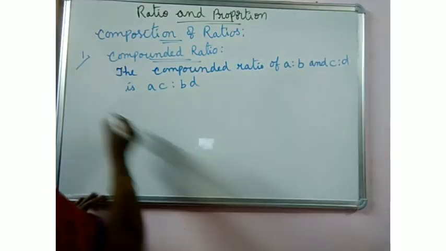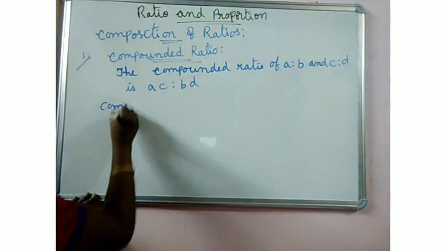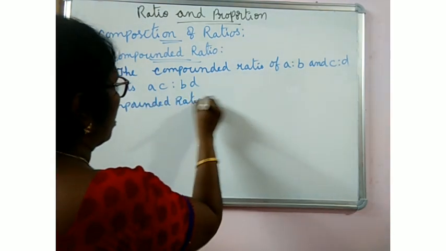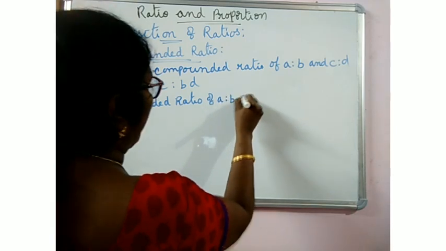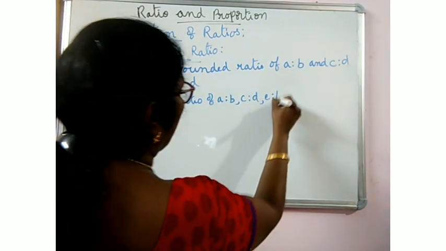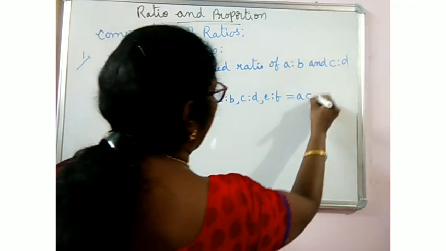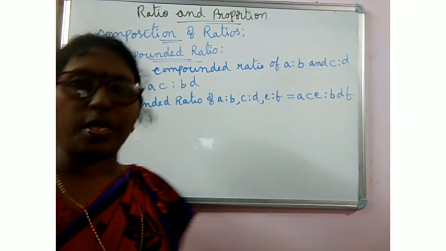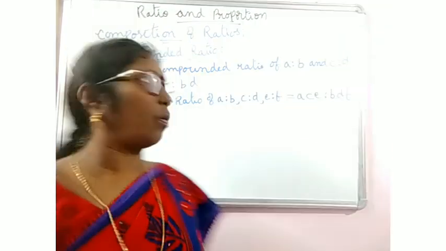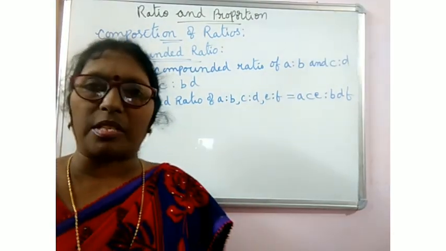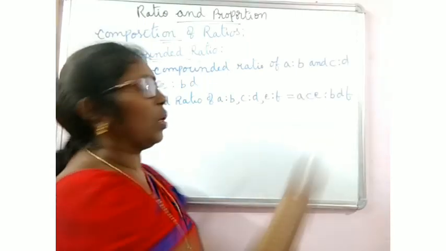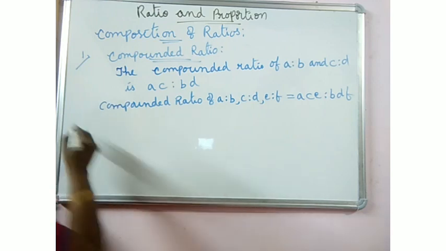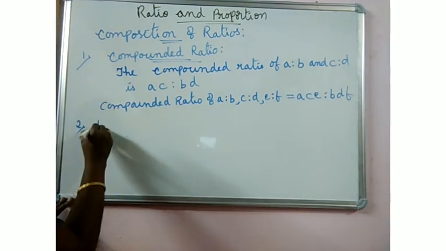If there are three ratios, compounded ratio of A is to B, C is to D, E is to F is ACE is to BDF. Not only two ratios, two or more also. All the antecedents multiplied is to all the consequence. Okay?